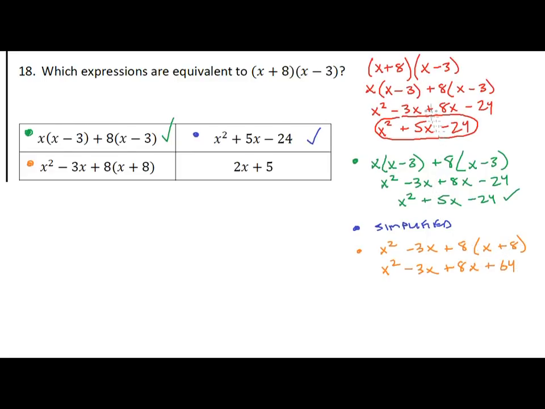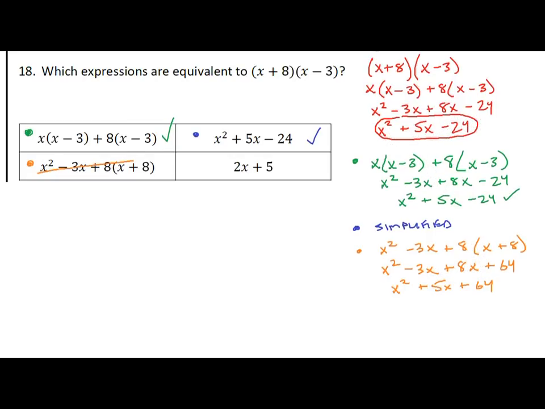I already can tell this is not going to come out the same as our answer, but let's finish this up. This is x squared. Negative 3 plus 8 is positive 5x. It's looking good so far, but our constant is 64. So this one is not equivalent, because it doesn't simplify to x squared plus 5x minus 24.